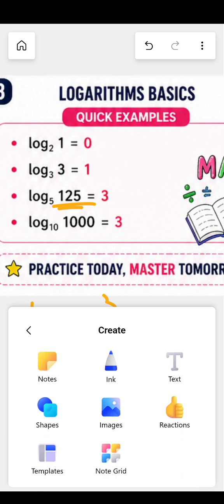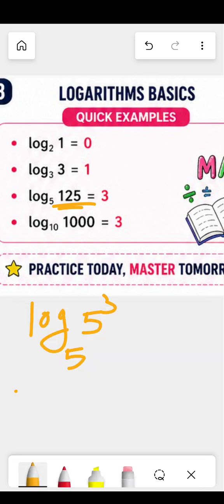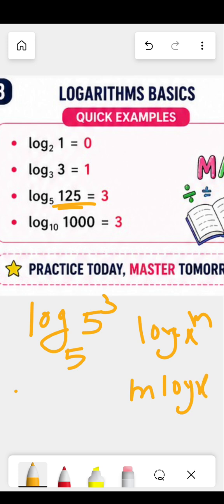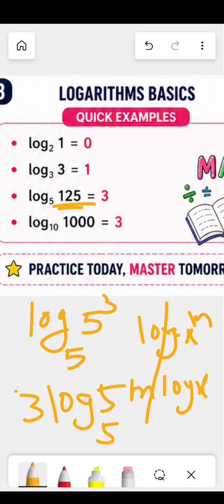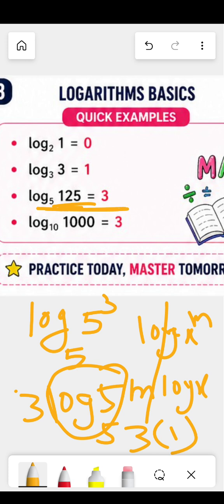So here using the power rule, log x power m is equal to m into log x. So here 3 into log 5 base 5, where log 5 base 5 value is 1. So 3 into 1 is 3. So log 125 base 5 is equal to 3.